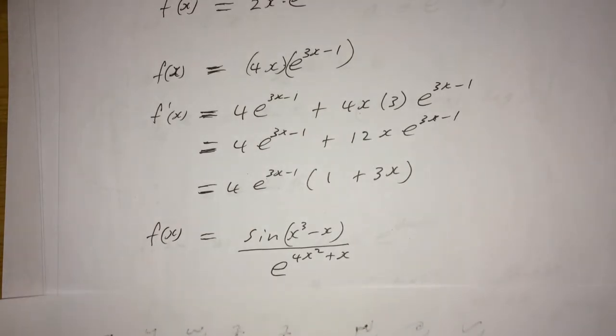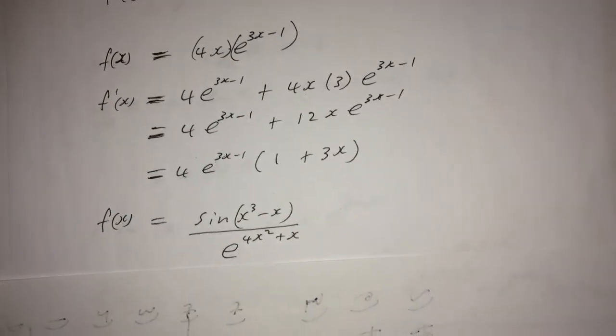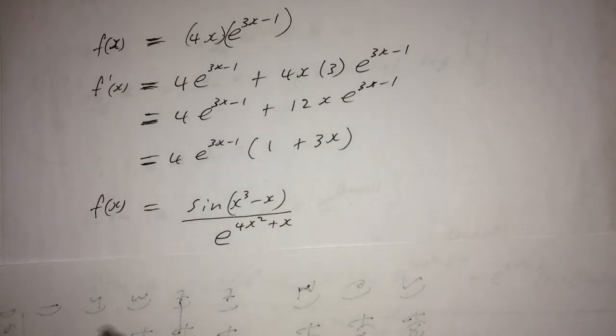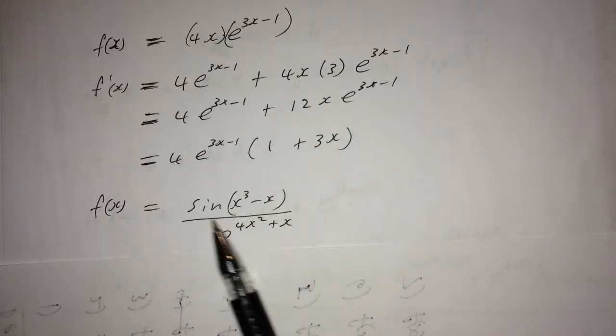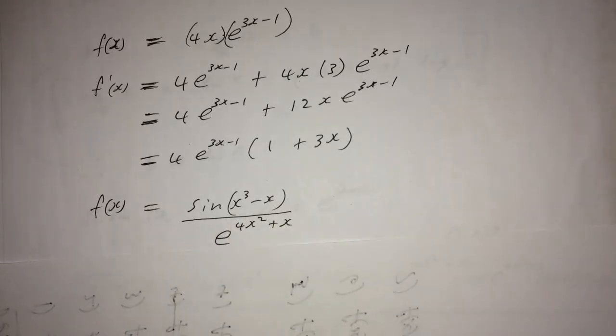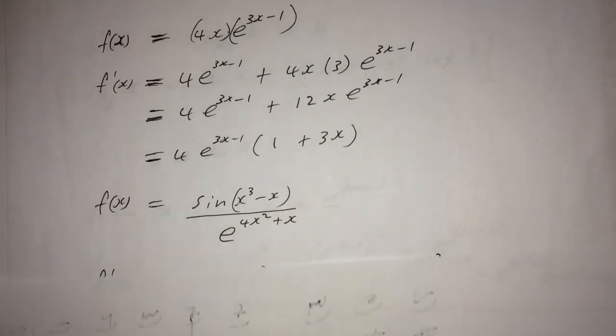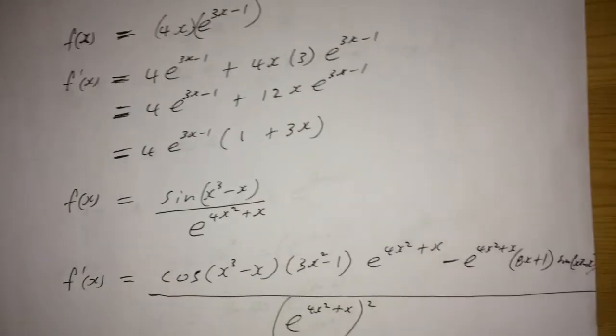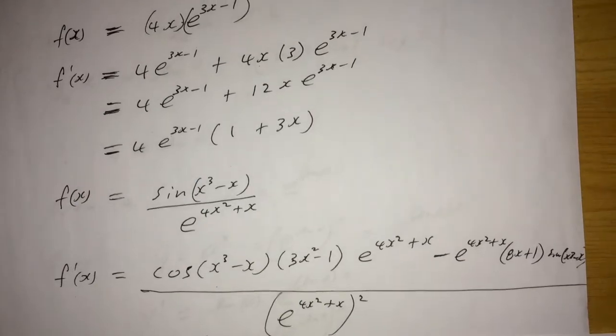Okay, what about this example here? We've got a quotient rule with a trig function in it. Okay, sine. So here we're going to take the derivative of the top, squish it all in here, try to zoom in a little bit.